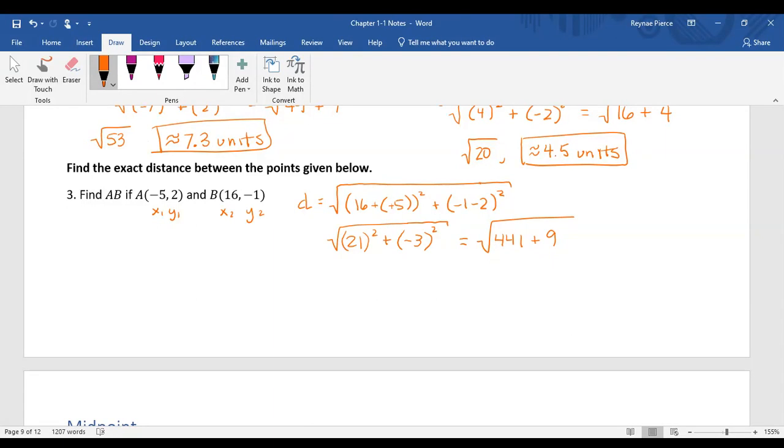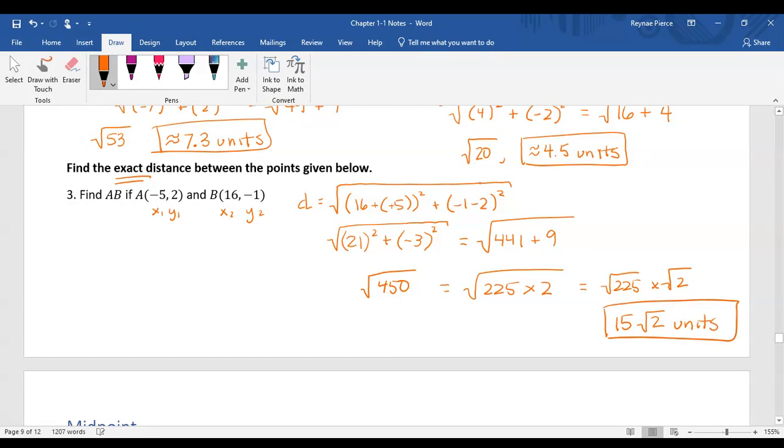So 441 plus 9 is 450. And then we need to simplify this radical since we want the exact distance. 450 breaks down into 225 times 2. Square root of 225 is 15. Square root of 2 is as simplified as it gets, so this is our final answer.